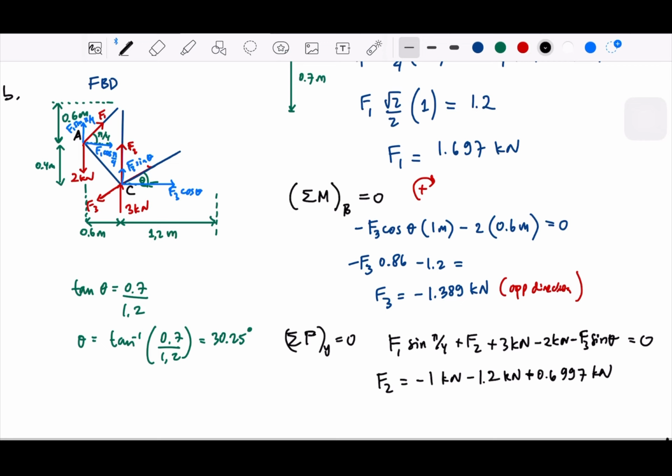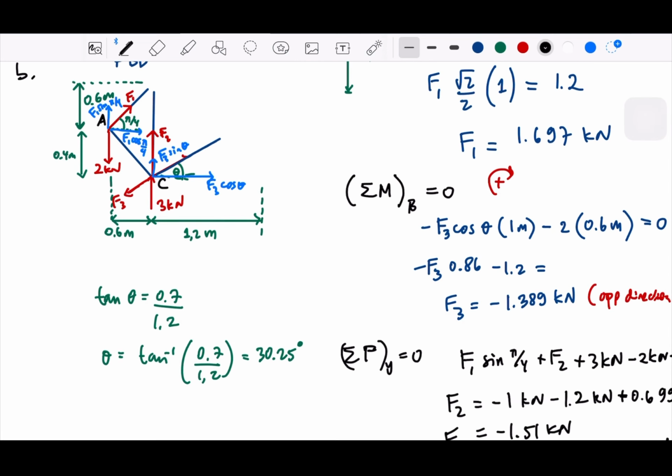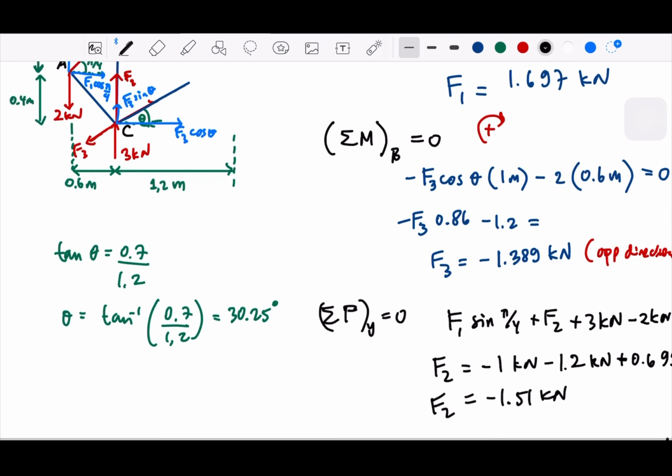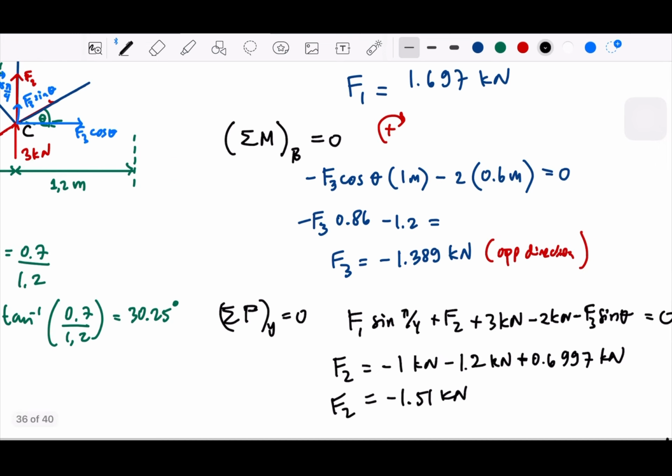So F2 is negative. Maybe just note that whenever you are having negative signs, just keep that still negative for all the calculations, and then at the end you can make some conclusions, because if not, then maybe you will have some difficulty, maybe confusion on the result or in the process.